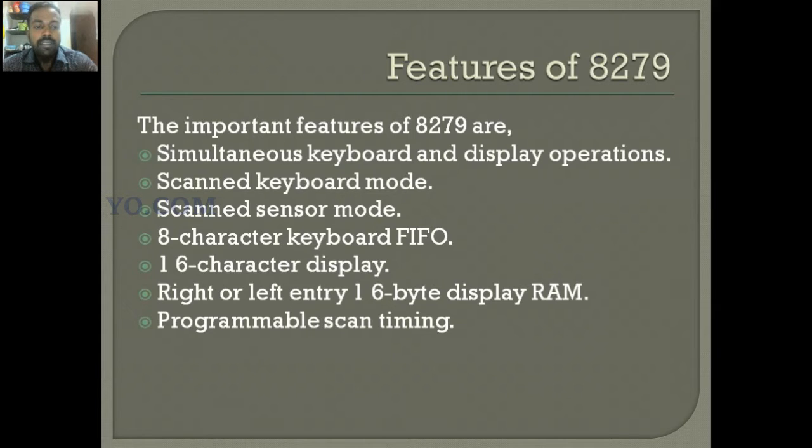Then it has scanned keyboard mode. So scanning is used for the keyboard. The scanning is used to find which key is pressed. Actually the 8279 scans every second whether any keys are pressed or not. If any key is pressed, it must find which key is pressed.